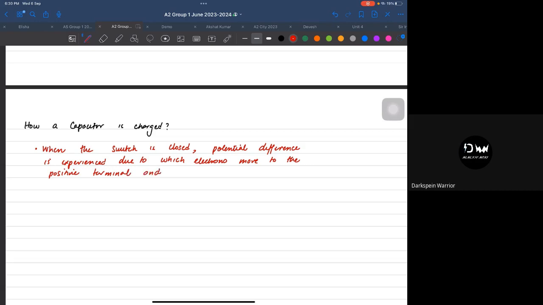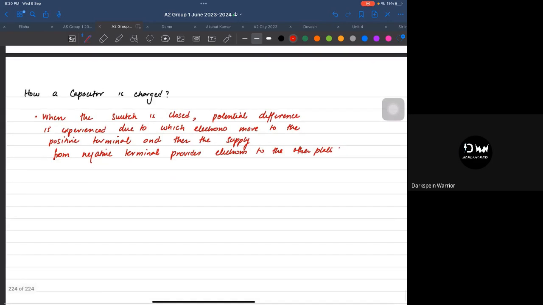In this case, positive terminal means the terminal of the battery. And then the supply from the negative terminal provides electrons to the other plate. Okay, so first point, then the next.